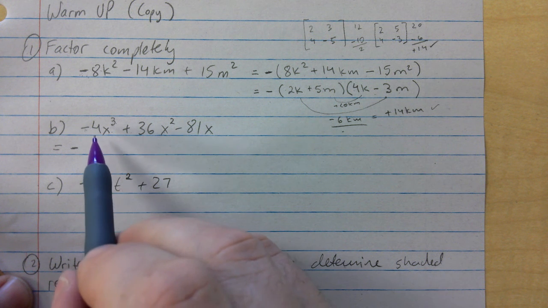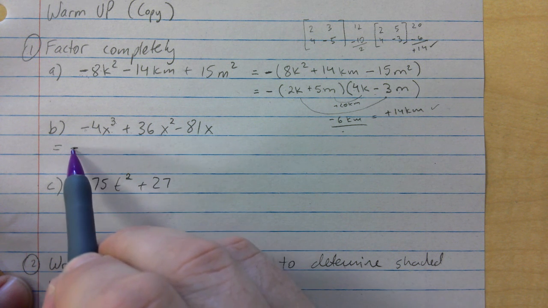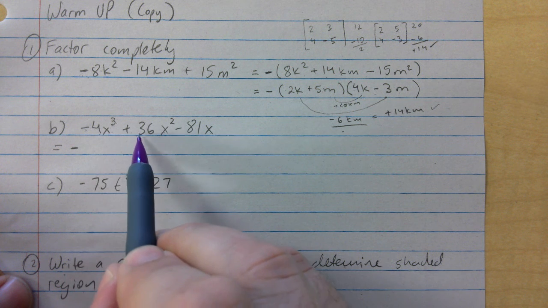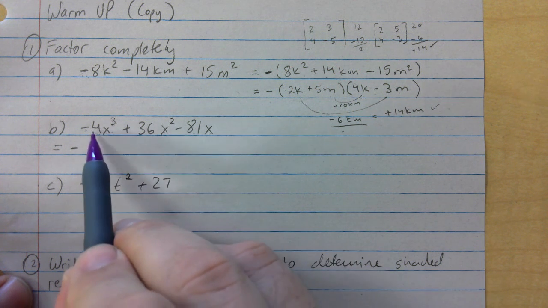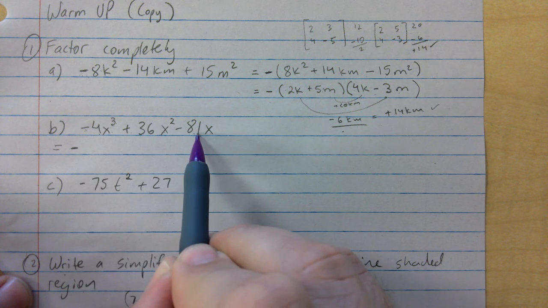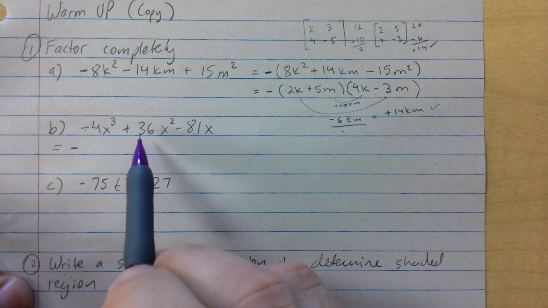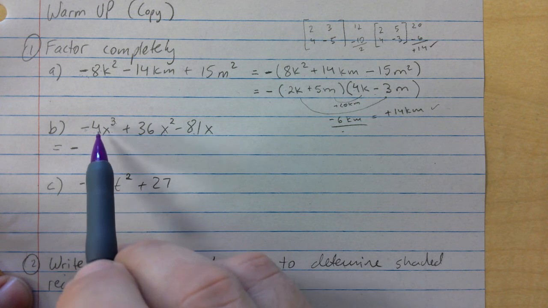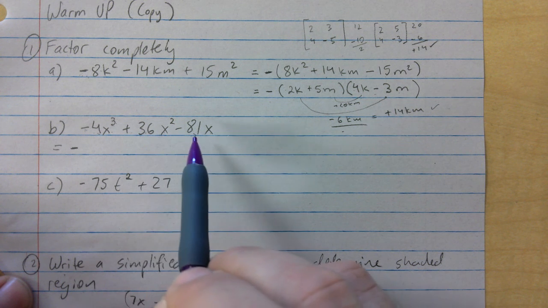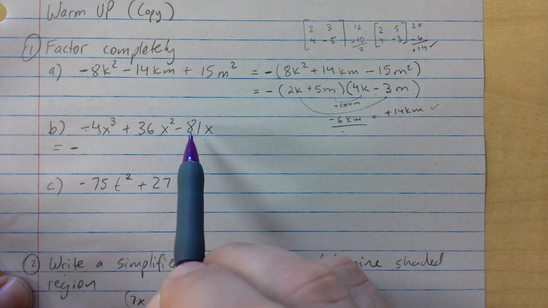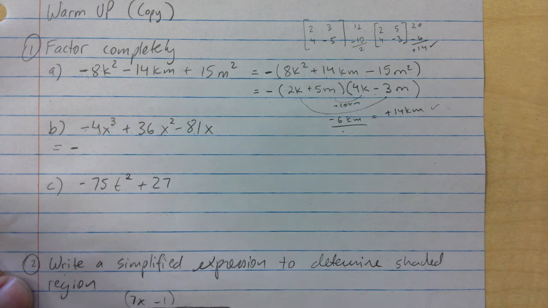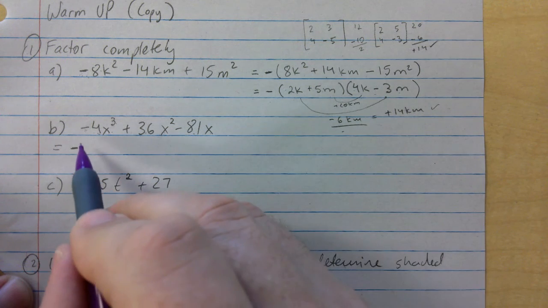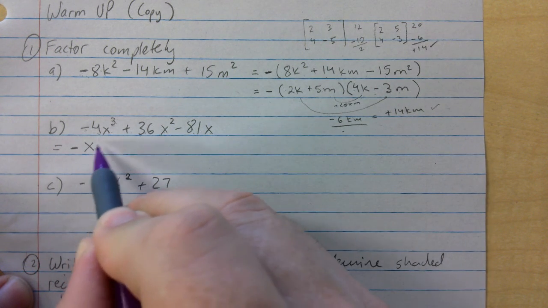You look at not just the negative, but also is there a GCF? Is there a common number that I could take out? The 3 goes in here and here, but it doesn't go in there. 4 would go in here and here, but the 4 doesn't go in here. Right? So you can't take out anything like that. So you're stuck with just taking out the negative and taking out an x.